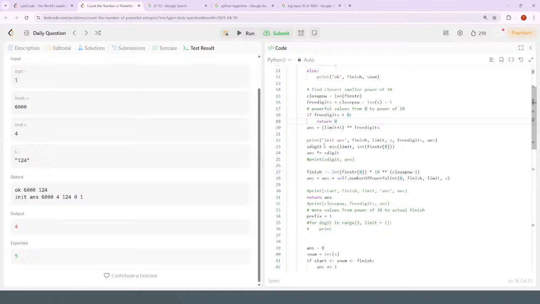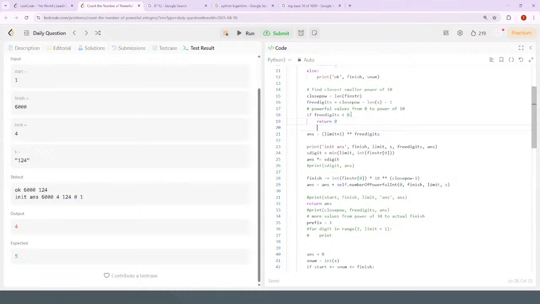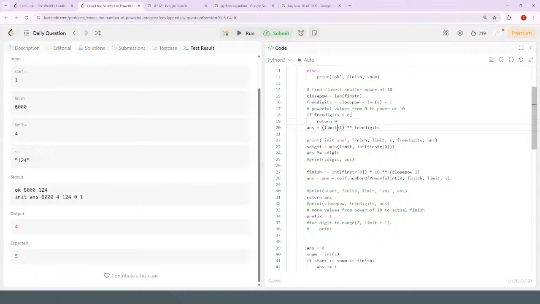If it's bigger, then you just multiply your number of digits times... Okay, so what's the logic here? This logic is mostly for the edge case where it's actually the same value.